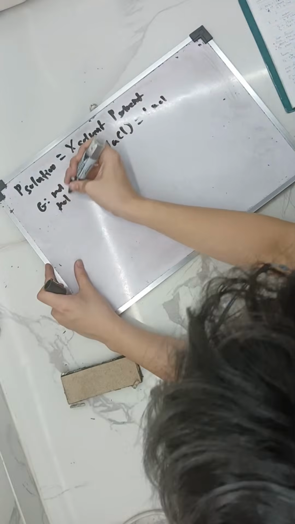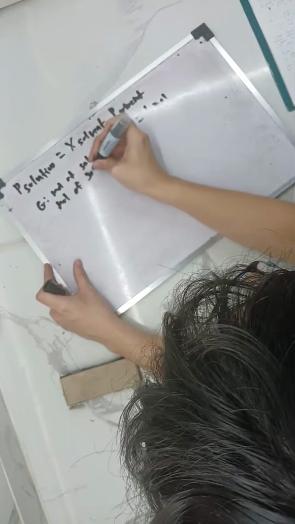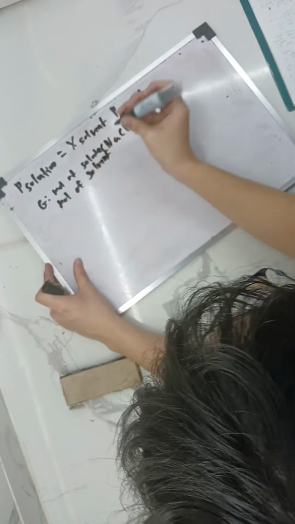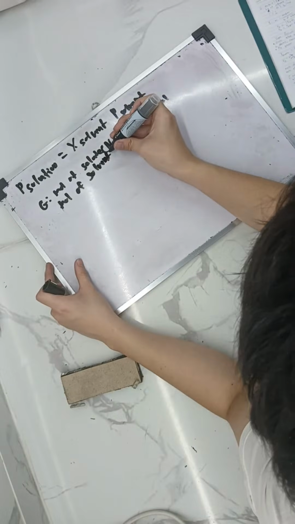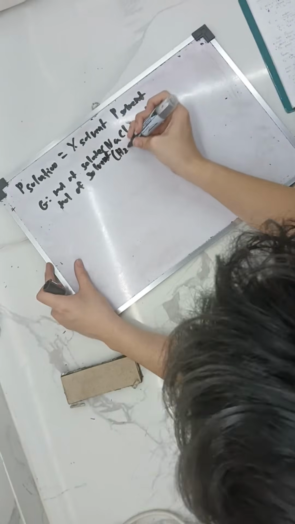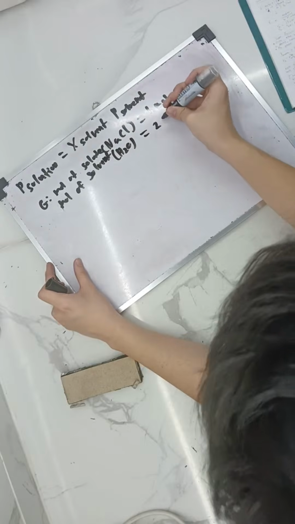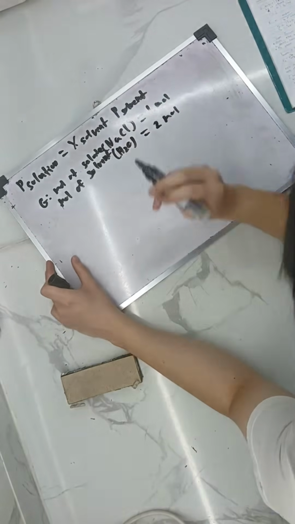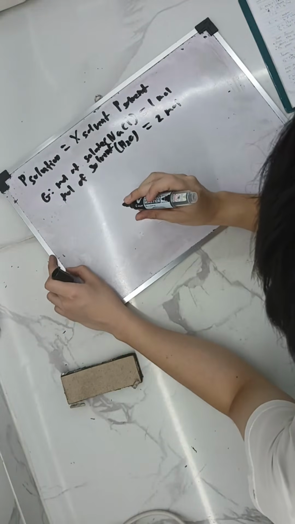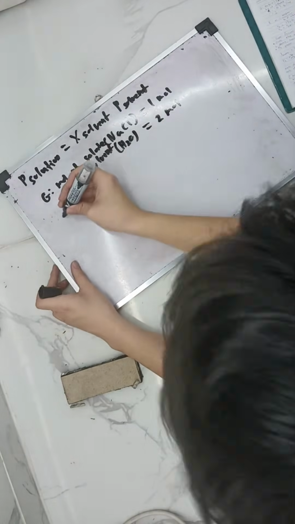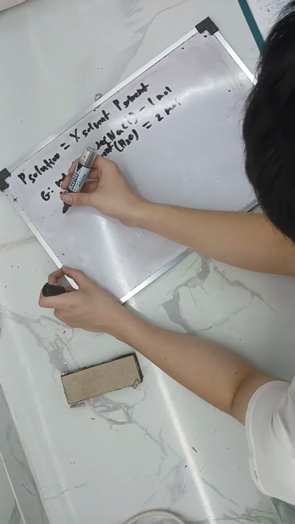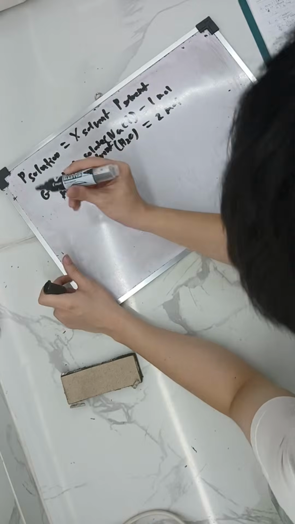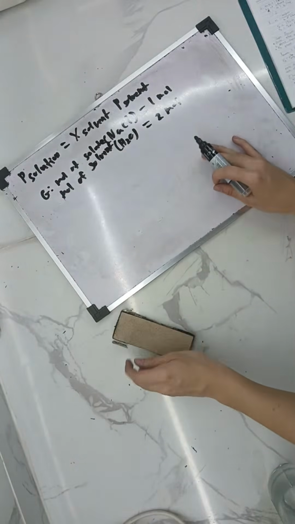Then the moles of solvent, which is H2O. This is equal to 2 moles. And then we're also told that the pressure of the... Oh, sorry. I'm writing down the wrong things.